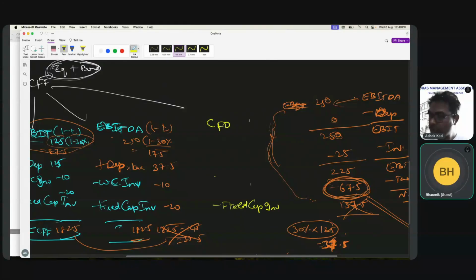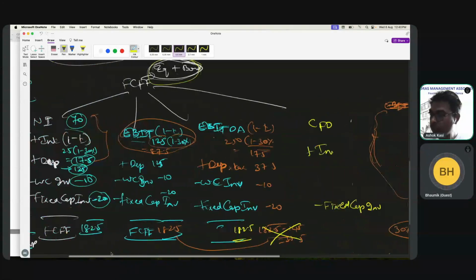Working capital is taken care of. Then add interest; interest is already deducted, so I will add back because the bondholder is a part of the firm now. So tax-adjusted interest.